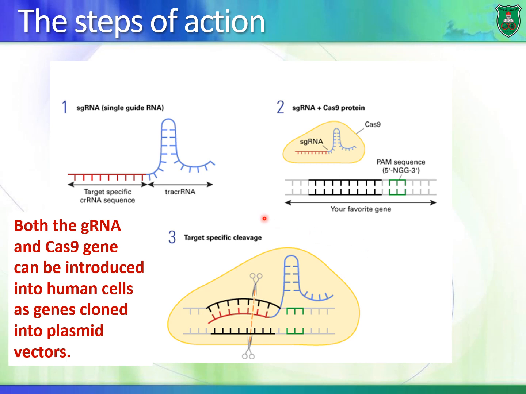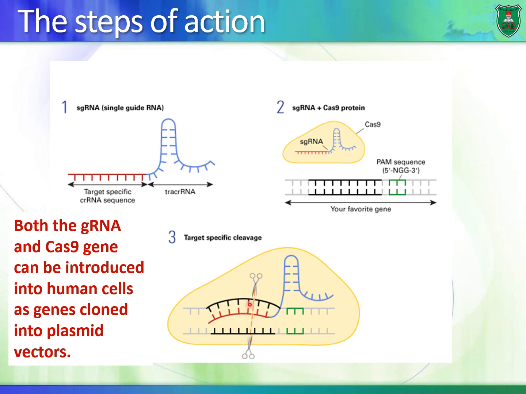So again, what you have in here is that you have the guide RNA. It contains a region that is complementary to the DNA. This guide RNA binds to Cas9, and Cas9 can go to a certain region in the DNA, and it can cleave it.